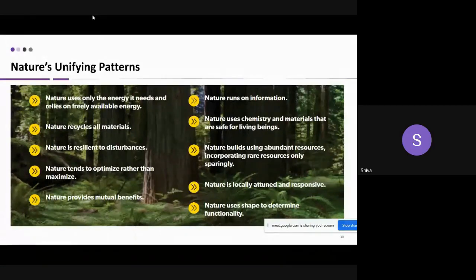I don't have the time now, but if you're interested, I will talk to you all day long on every one of these principles. Nature tends to optimize rather than maximize, using the resources it has instead of constantly wasting resources. It's also linked to systems thinking, where you control the flow in a particular place, in a particular tank, in a particular water dam, etc.